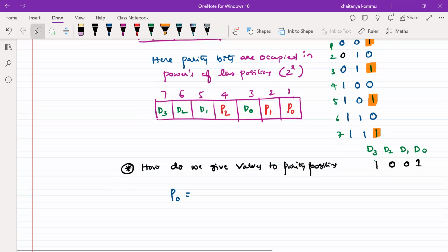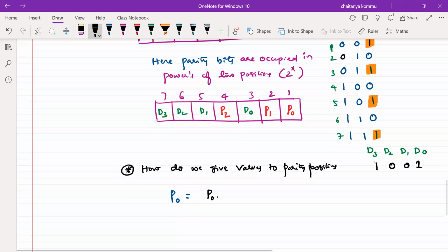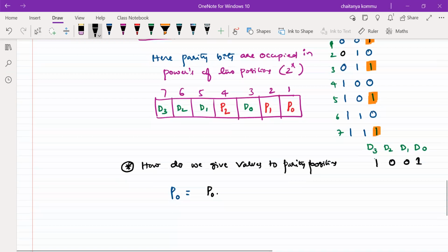That means I have to take the positions of P0, and the next position is the third position, D0. The next is the fifth position consisting of D1, and the seventh position is occupied by D3. Agreed?